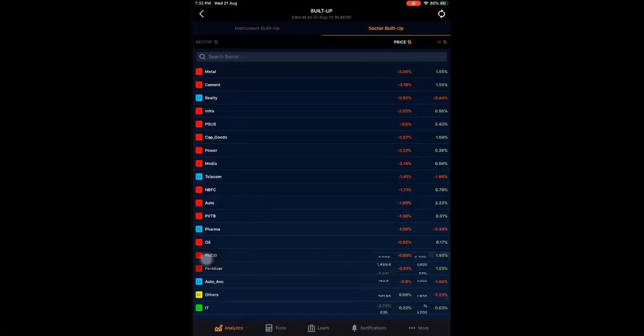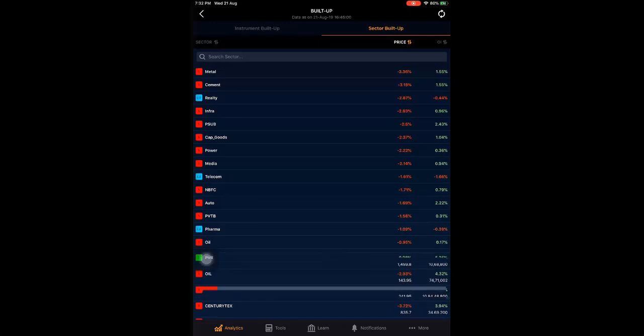If you look at the metals, price-wise, metals was the laggard in today's trade, 3% down with the OI up by 1%. The sector bifurcation is not based on the indices price which we get from the NSE. It is the calculated volume weighted average price which we have derived from the composition of the stocks.